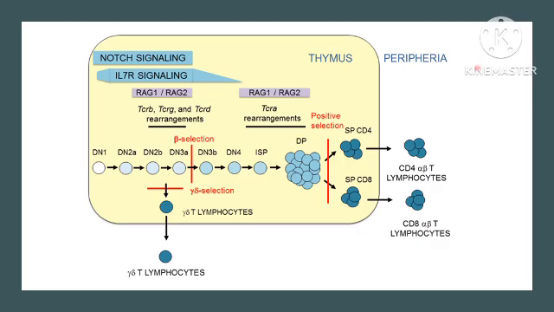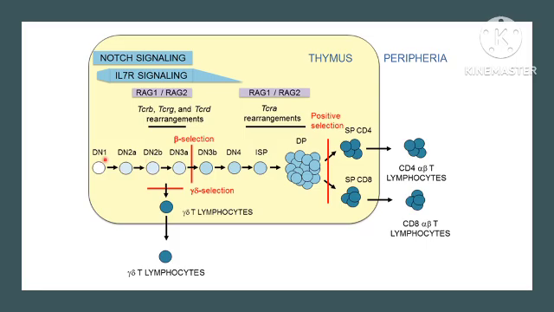Let us have a look at T cell development now. You know that T cell development happens in the thymus, and it is regulated by Notch signaling and interleukin 7 receptor signaling. The first few phases of T cell development are double negative, meaning they don't carry CD4 or CD8.